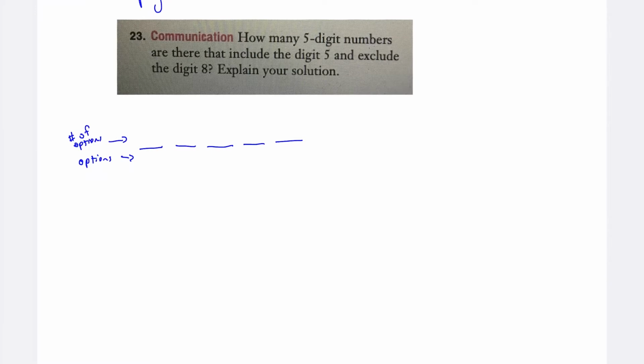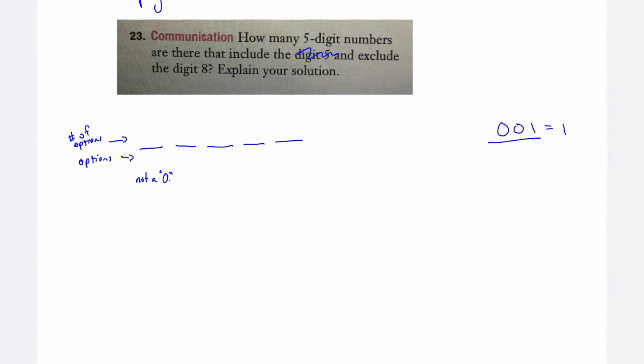First of all, let's just walk through. Let's pretend it doesn't say anything about digit 5, but we don't want an 8 and we need a 5-digit number. Generally it's accepted that the first position is not a 0. If a number starts with a 0, like 001, well, that's just 1, a 1-digit number, not a 3-digit number.